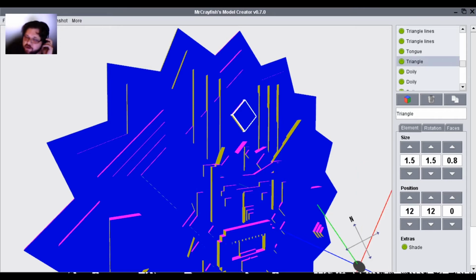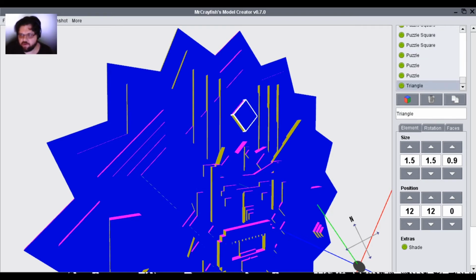Ah, there it is, I just called it triangle. Okay, let's duplicate you. Let's pop you out to 0.9. Let's duplicate you. Make you 1.7 by 1.7. Pop you out to 0.8.